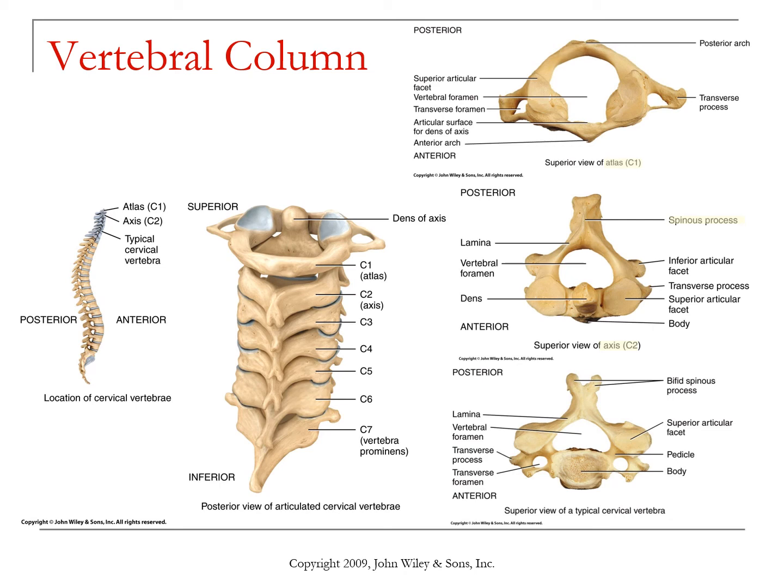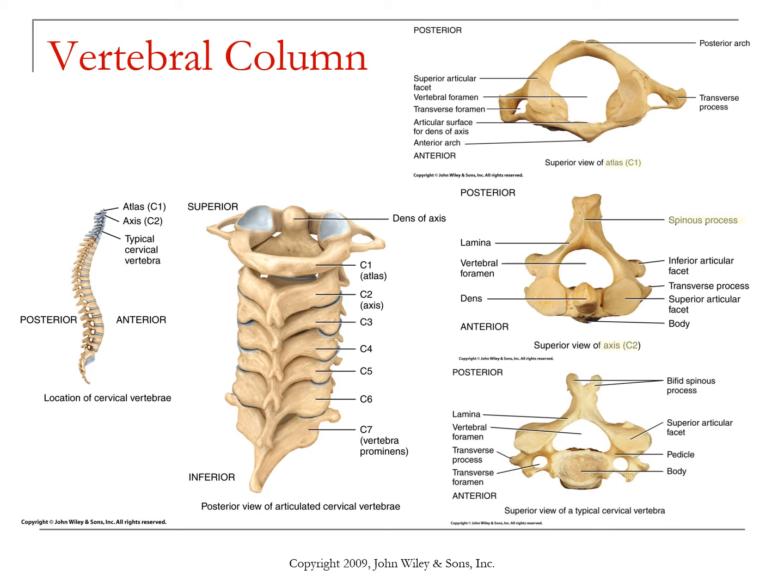It's properly called the atlantoaxial joint, that pivot joint that allows one to rotate their head, which is really a rotation of your vertebral column, to indicate no. We also have the large superior facets on C1 that support the occipital condyles.